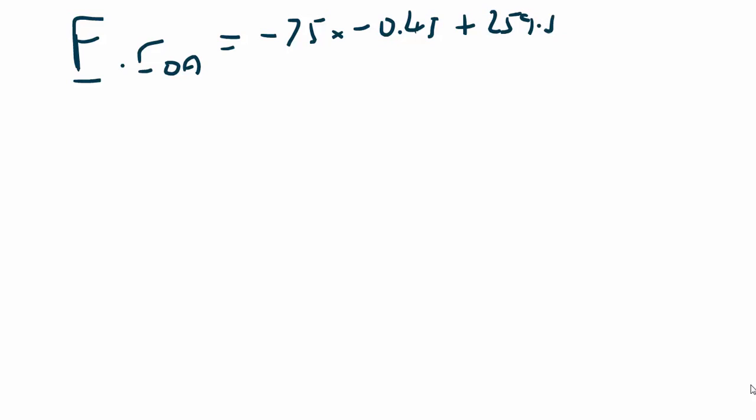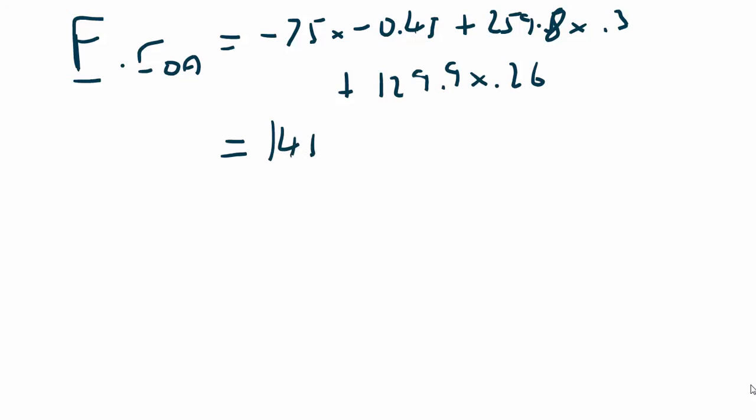So my force dot ROA is going to be minus 75 times minus 0.45, so it's the i aspects multiplied together, plus 259.8 times 0.3, plus 129.9 times 0.26. So my overall result there will be 145.5 newton meters.